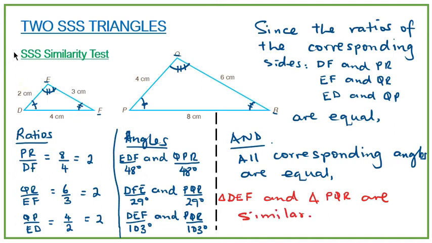So students, what do you think? If we have all the sides of two triangles, is it enough to tell us that these two triangles are similar?